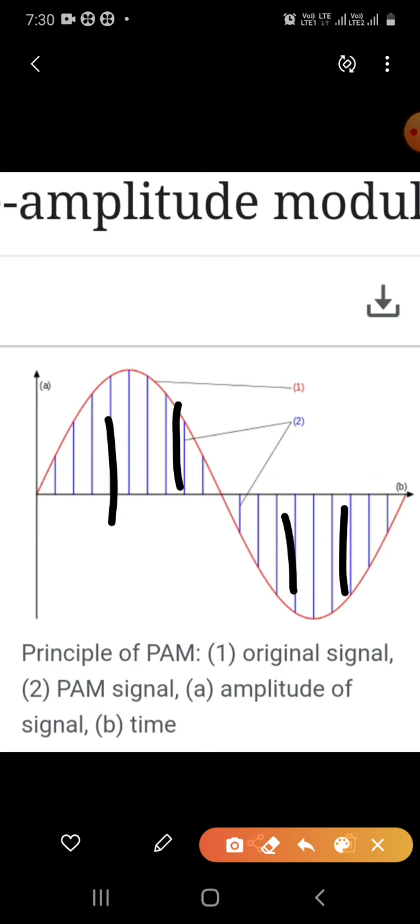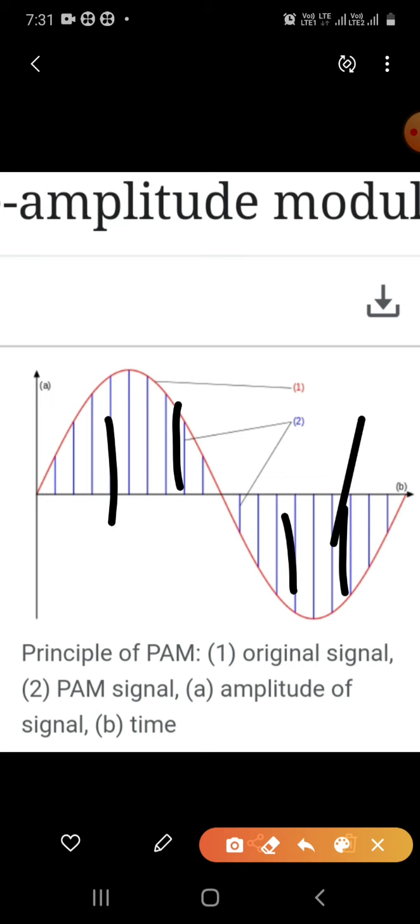Here we are taking the axes of amplitude versus time, so A is the amplitude of the signal and B is the time.